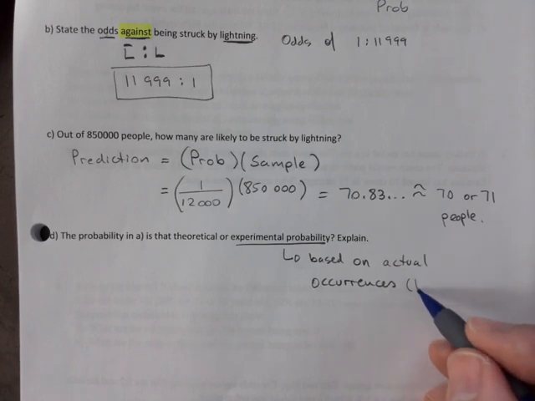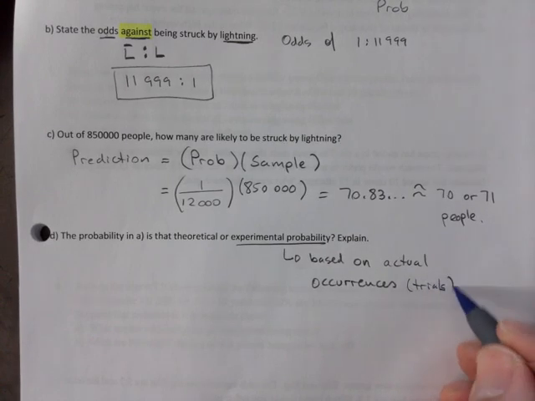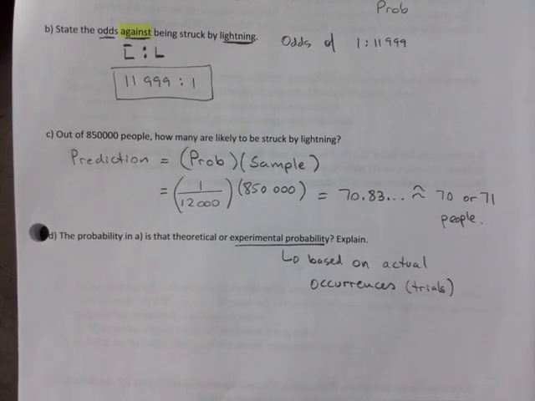I mean, I hope they didn't perform trials, right? Go stand out there in the field, and if you start getting goosebumps, just don't move. I hope they didn't do that. But anyways, yeah, it's based on actual occurrences. So in this case, we would consider this an experimental probability. Okay. All right.